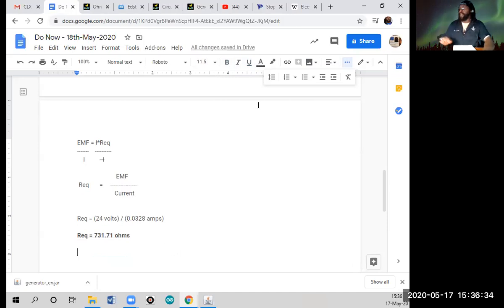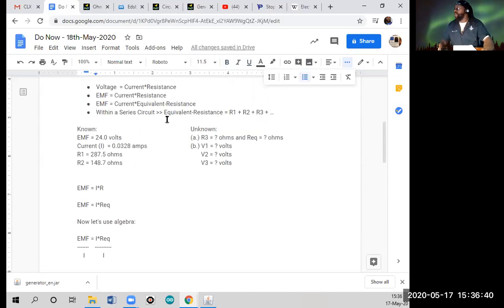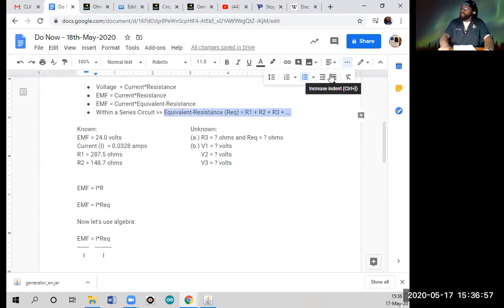Remember earlier I said that, where did I put it? So equivalent resistance is this. This is your REQ basically, in case you didn't know what I was doing there. And it is equal to this situation here.